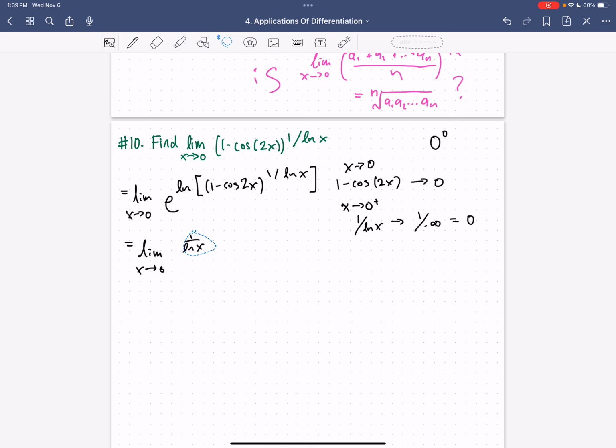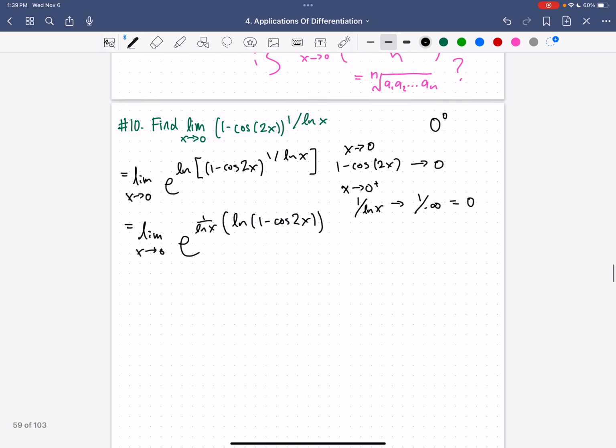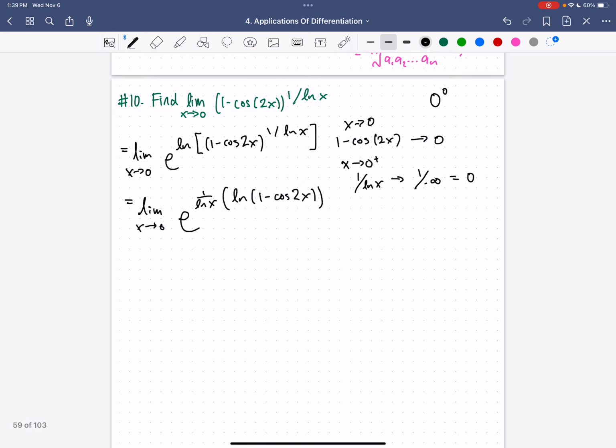We need an e as well. So we have e to the 1 over log x times log of 1 minus cos 2x. Now, as before, we'll look at what this limit is, and then just take e to that power.